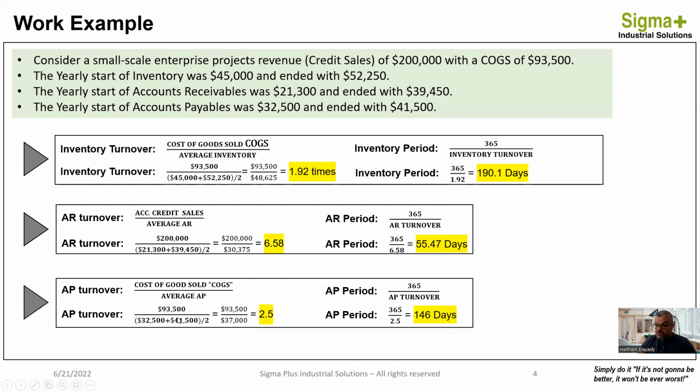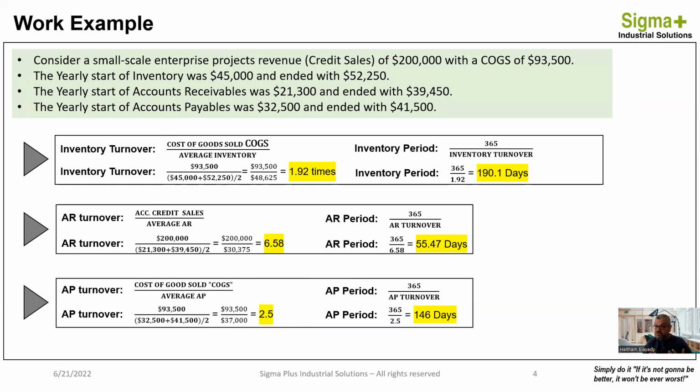Okay, the third KPI that we need to calculate is the accounts payable turnover, by dividing the cost of goods sold by the average accounts payable. So that will be the 93,500 by the 37,000, which is the average of $32,500 and the 41,500. And this is giving me an accounts payable turnover of 2.5. If I look at that number, it seems okay with me.